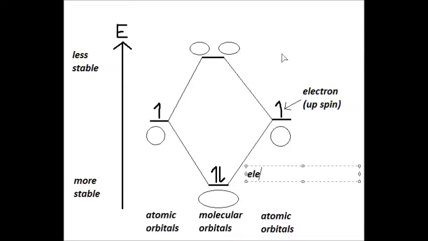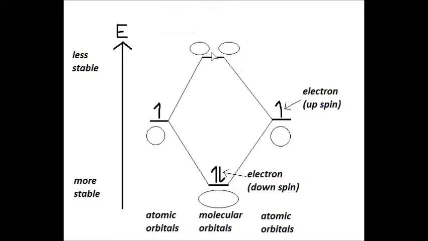Notice that we never see two electrons of the same spin, both spin up or both spin down, in the same orbital. This is important if we want to obey Pauli's exclusion principle.